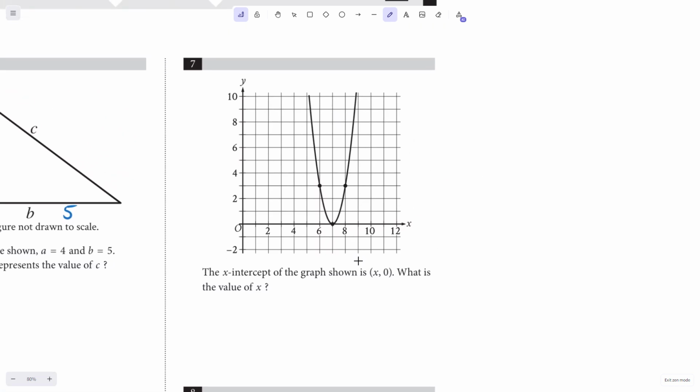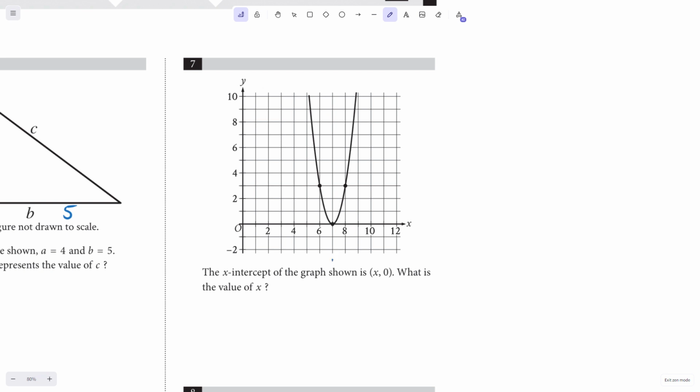The seventh problem. The x-intercept of the graph shown is (x, 0). What is the value of x? So we have a graph of a parabola, so it's a quadratic equation, and we need to find the value of x right here. I don't know if there is a more detailed way to solve it, but I think the easiest way to go about solving this problem is to use symmetry.